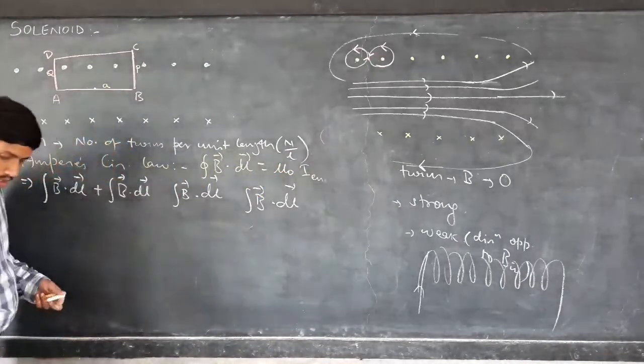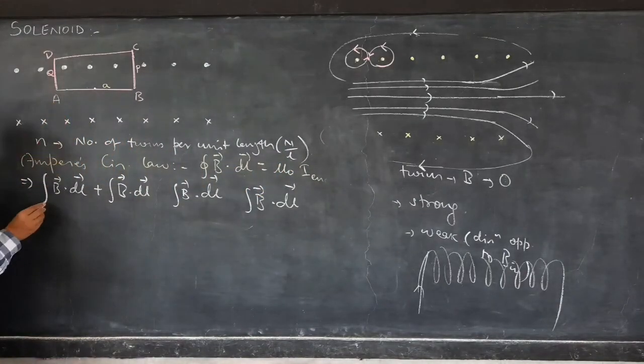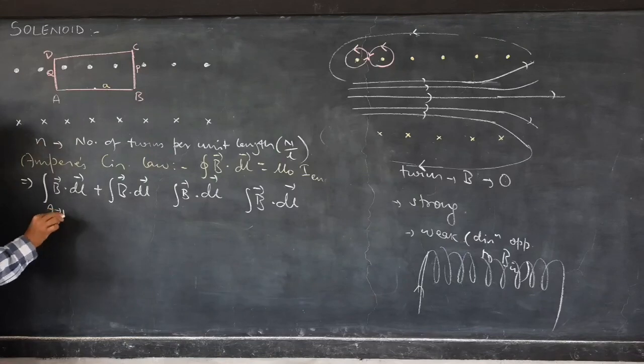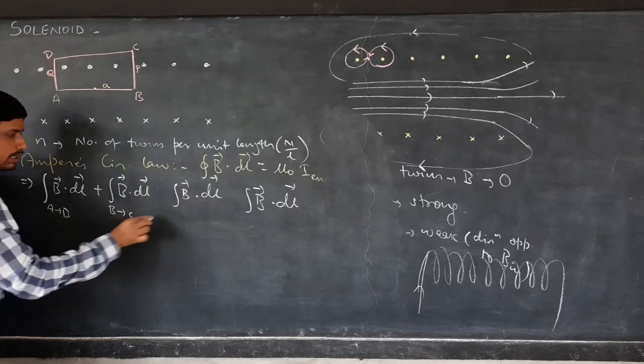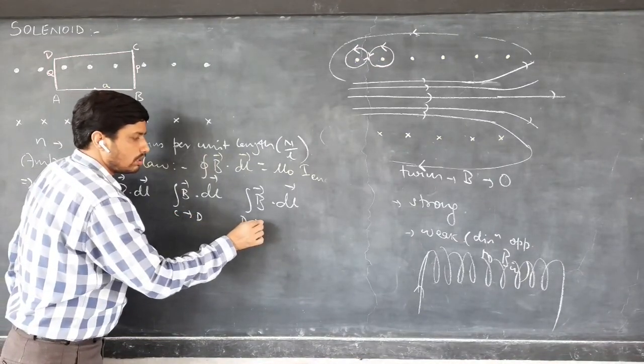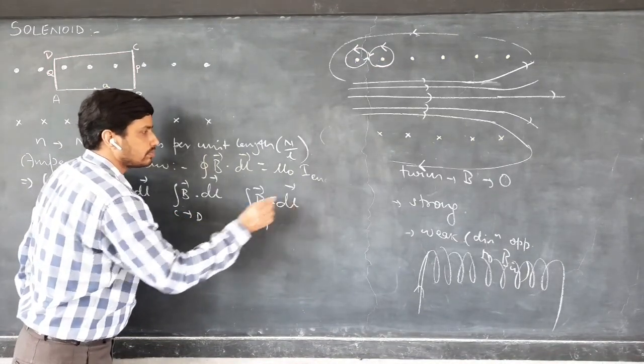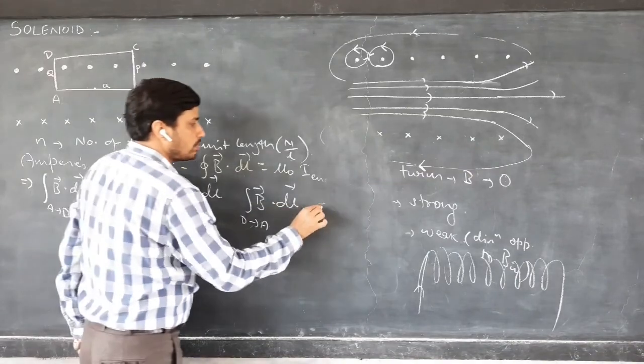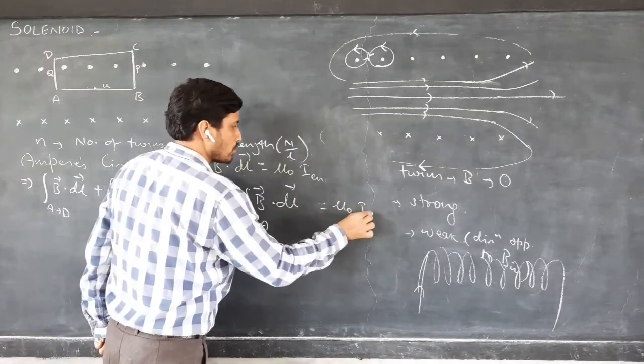So this is from A to B, this B to C, then C to D, then D to A. And that total will become mu naught times I enclosed.